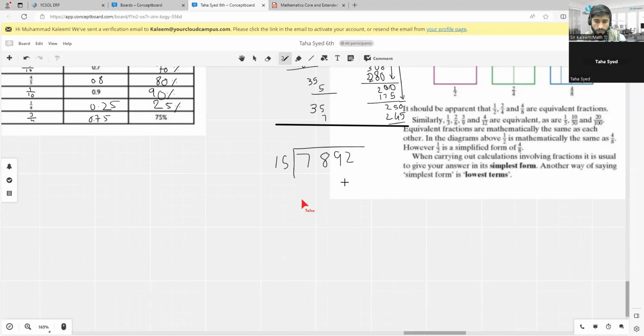That's a hint for you. So 5 times, but then we will have 3 as the remainder. And 5 will be in the quotient. 9 will come down. 39. We will take 2.